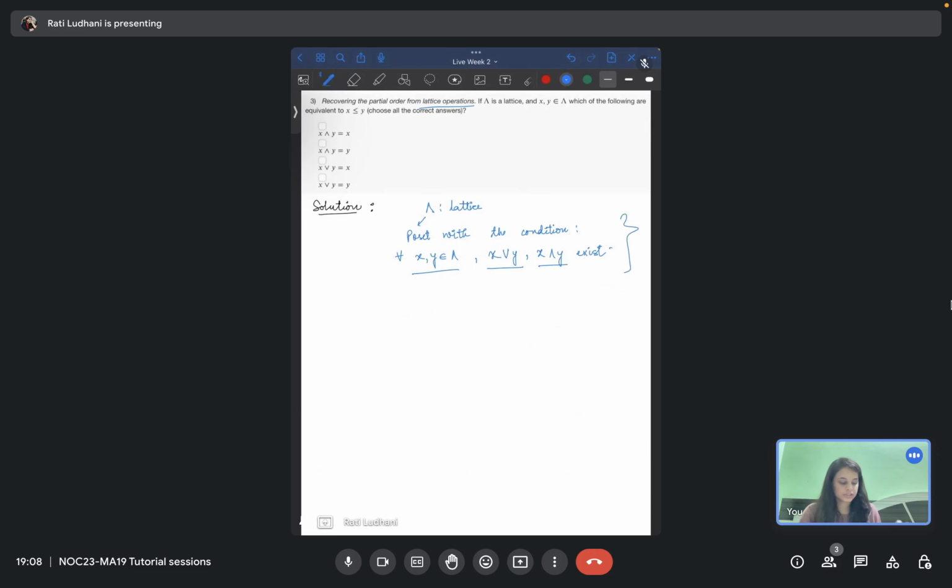So this is the extra condition which we are posing on a poset. Then we say that this is a lattice. It should definitely exist.